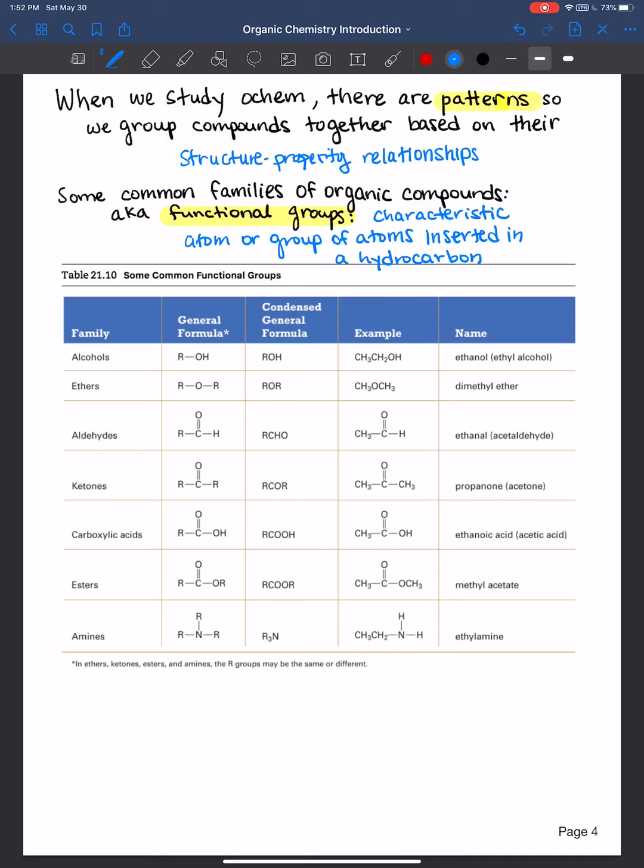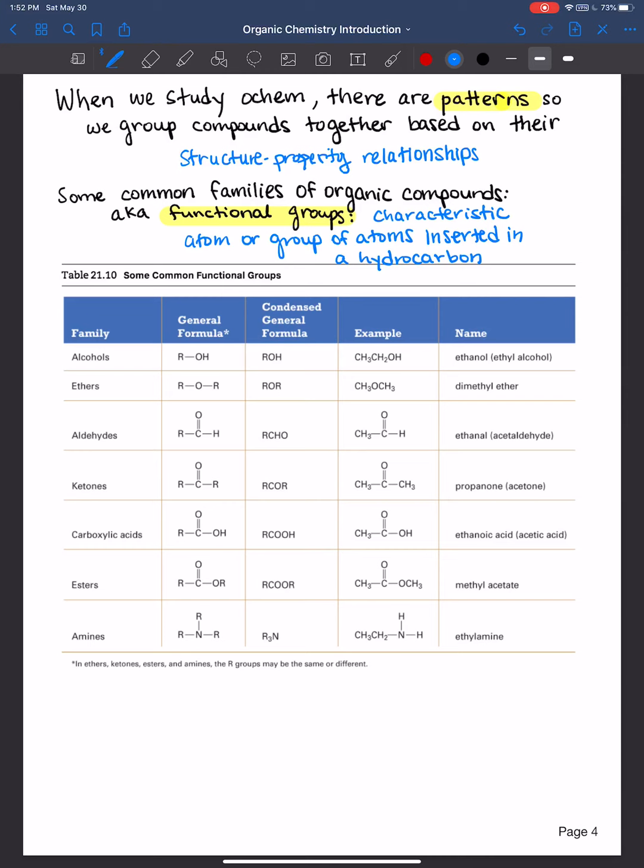And so it's really important that we're able to come up with patterns and functional groups, because as I said in the previous video, there are millions of organic molecules out there. And so it's important for us, when we see a new organic molecule we haven't worked with, that we recognize some of the structure, patterns, and their properties so that we can make an educated guess as to how that specific organic molecule will react.